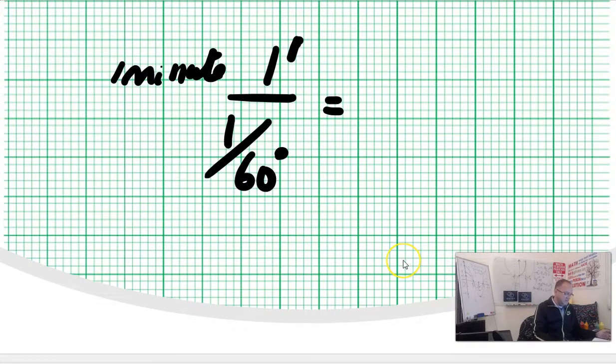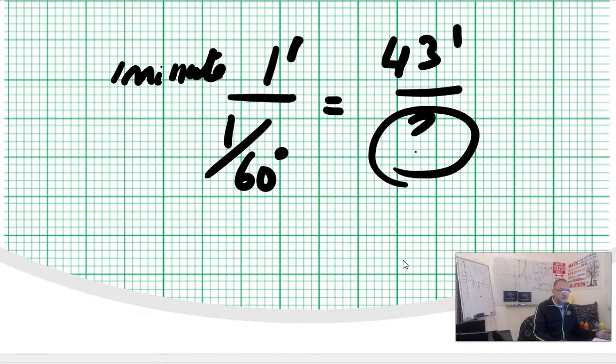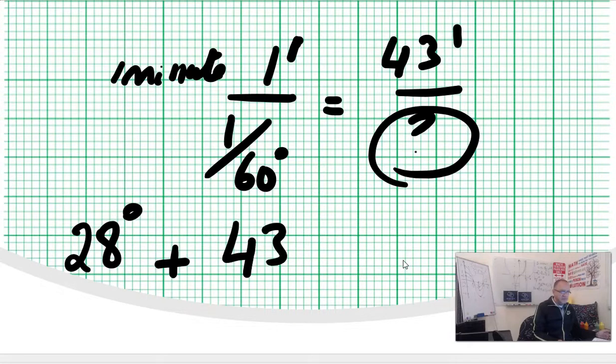So I put 43 right here, and my fourth element should be here. In order to get it, I do 43 times 1 divided by 60. So I come back here and say 28 degrees plus 43 times 1 divided by 60. And then I do the same thing for the seconds.